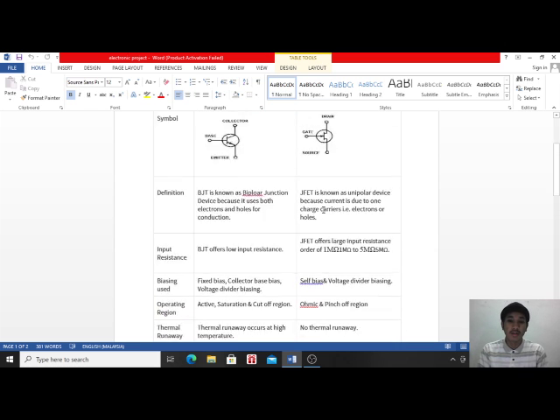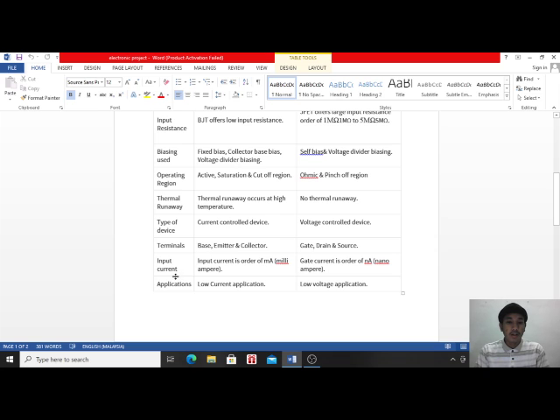And the input current for BJT is in the order of milliampere, while the gate current is in the order of nanoampere, smaller than BJT.